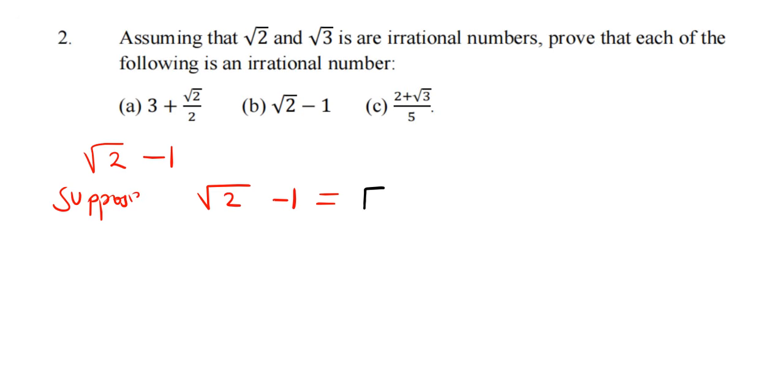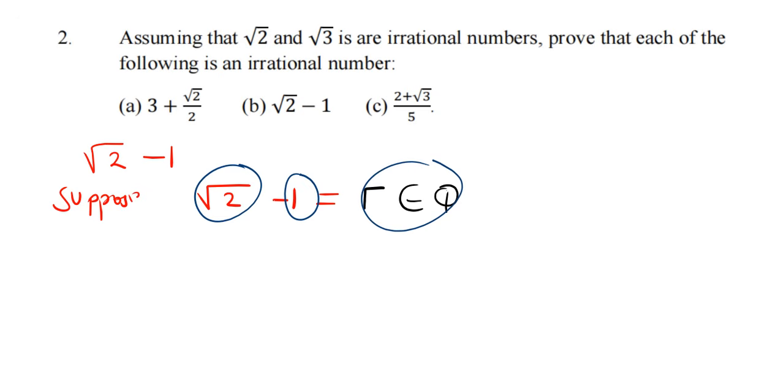Let's say this answer we're getting is a rational number. We are supposing, otherwise you cannot get a rational number if you add an irrational number and a rational number, but we're just supposing. So that is why we're putting it like that.